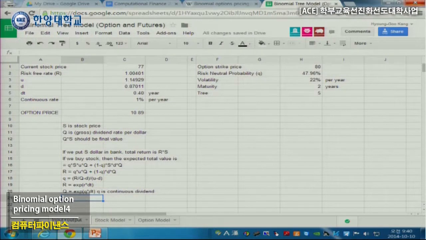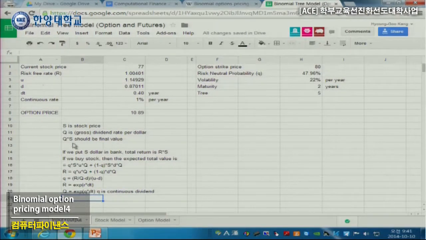If q is greater than that, risk neutral probability can be negative in this case. Then of course we have to change U and D. Okay, you have a very good point.